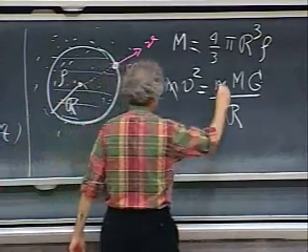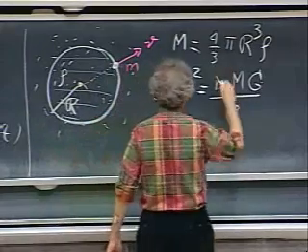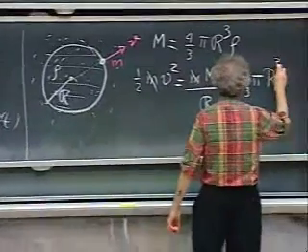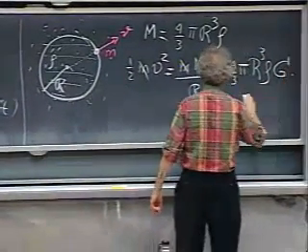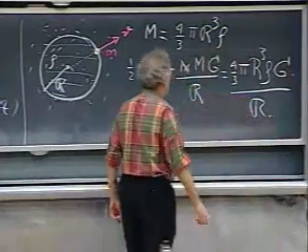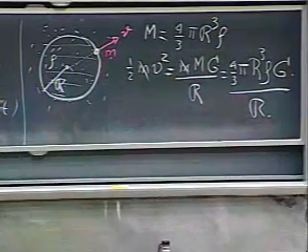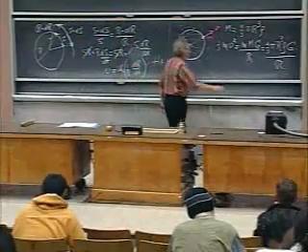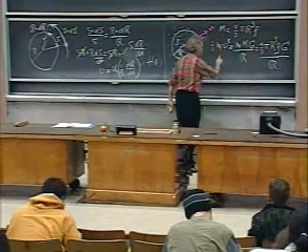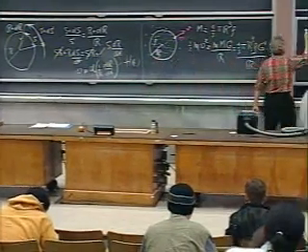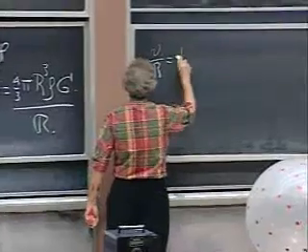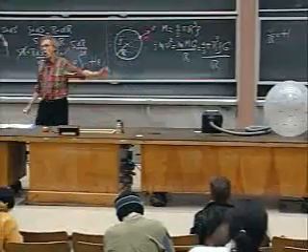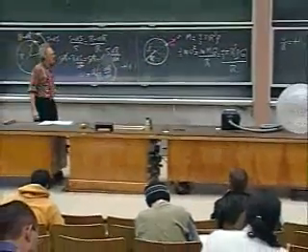Little m cancels out. For capital M, I can write 4/3 pi r cubed rho. Here comes my G, and here comes r. Notice that the r cubed upstairs becomes r squared. And so if I have an r squared here and I have a v squared here, remember that v divided by r, that is Hubble's constant, because r is d, the distance between us and the galaxy.